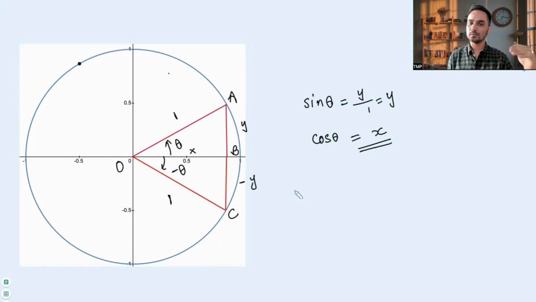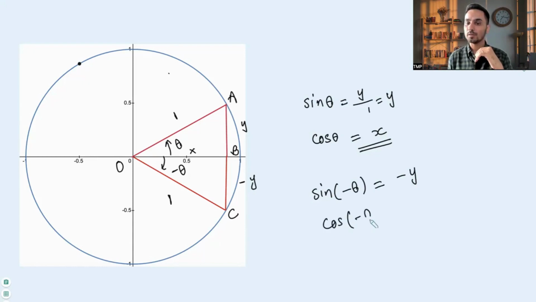Now, in triangle BOC, sine of minus theta will be equal to minus Y, and cos of minus theta will be equal to X. So what do we observe here? Yes, you're right. We observe that Y is the same as sine theta from the first equation that we got.